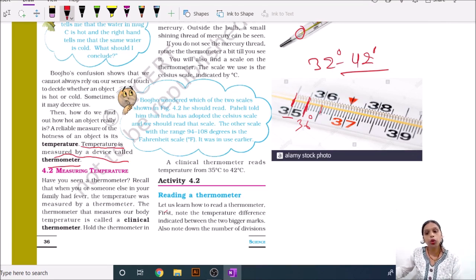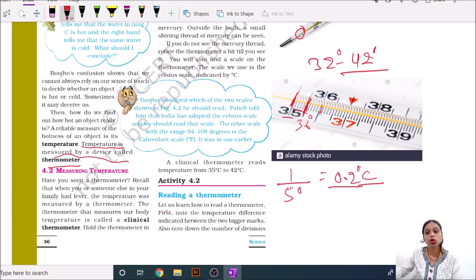Whenever you look at a clinical thermometer, between two big lines there are 5 intervals, 5 divisions. What does it show? It shows that in 1 degree there are 5 divisions, which means every mark is 0.2 degrees Celsius.